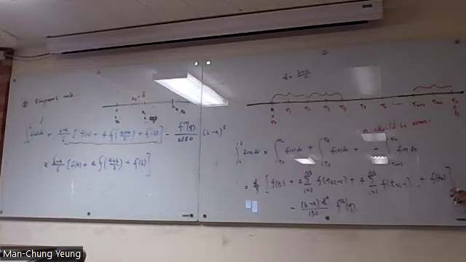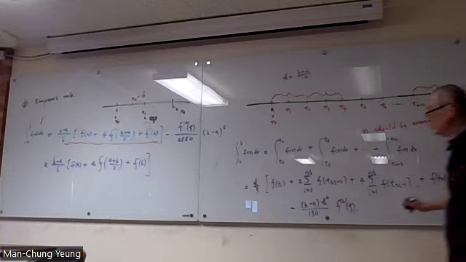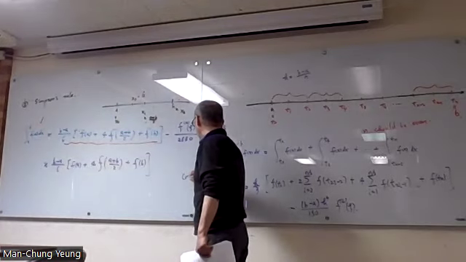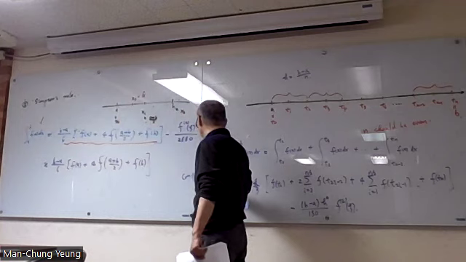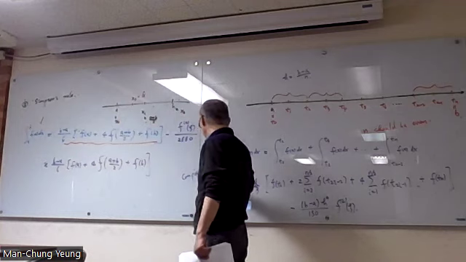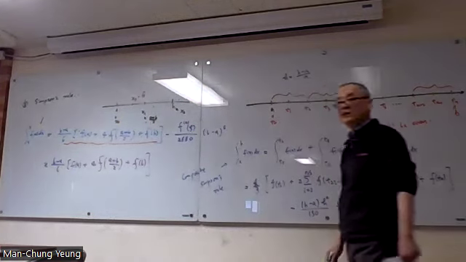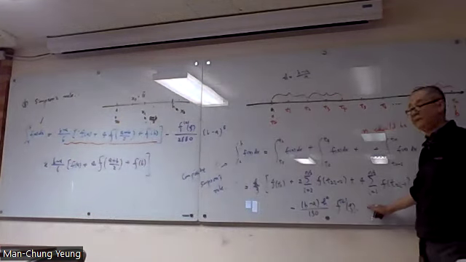This formula is the composite Simpson's rule. Composite Simpson's rule. Error term.